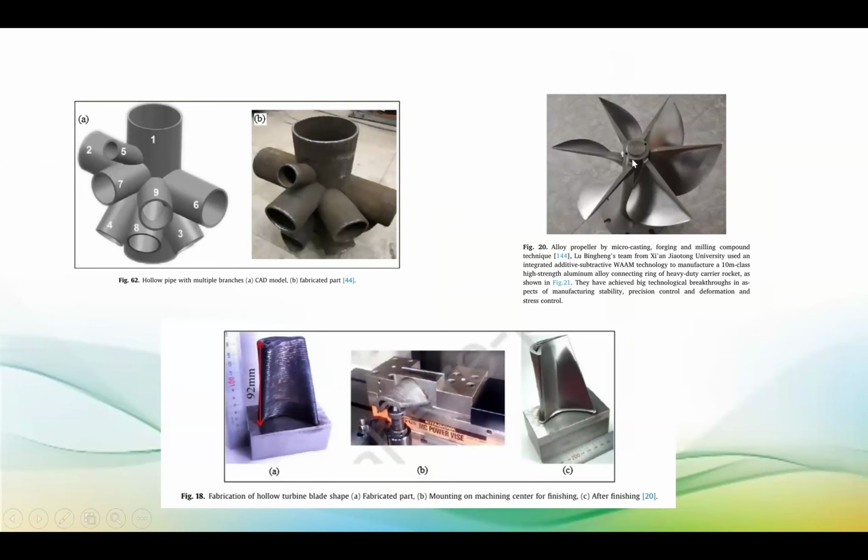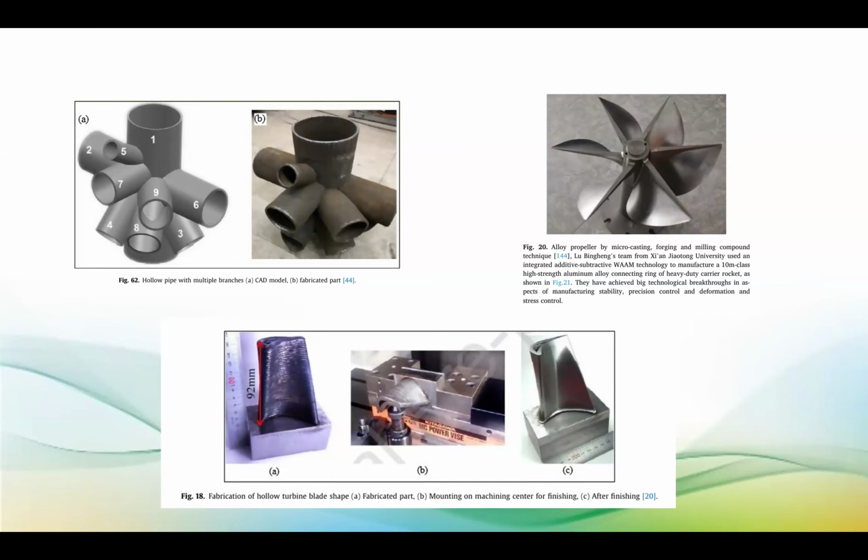And this one is a propeller, a micro propeller manufactured. And the bottom one is a hollow turbine blade, already explained. They say these things, whether a hollow pipe, propeller, or turbine blade, can be manufactured using other additive manufacturing techniques like laser sintering or powder bed fusion.